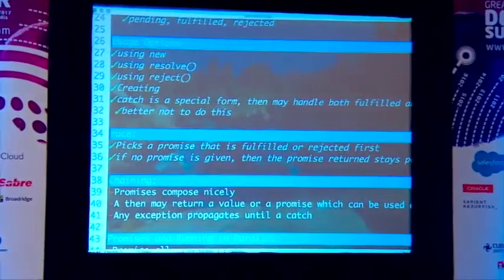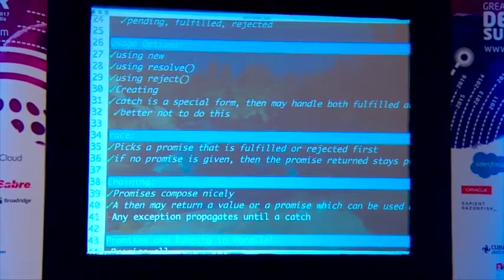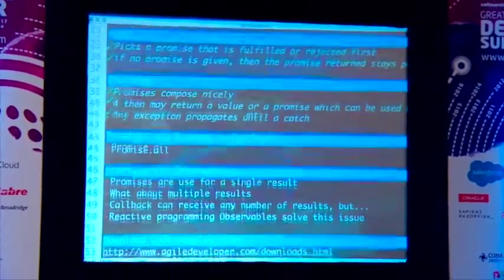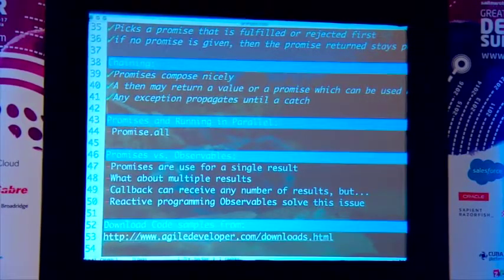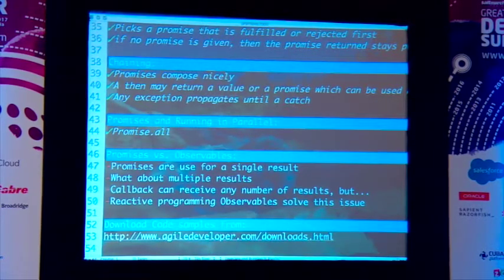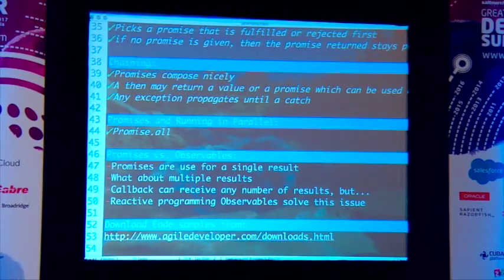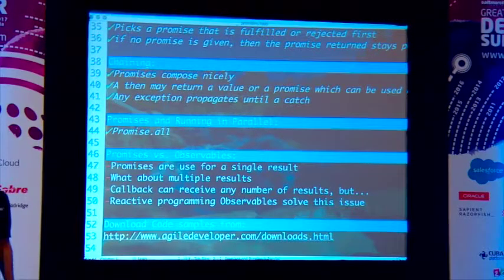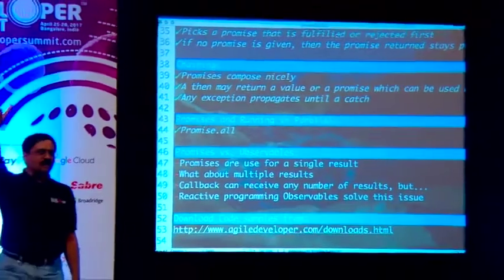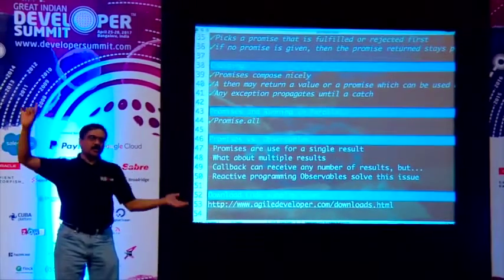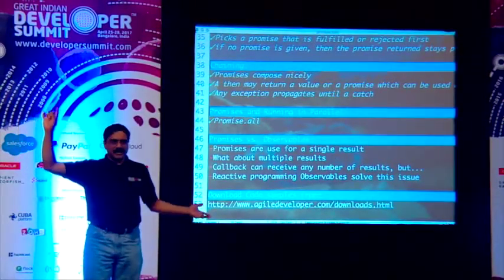So, we saw the chaining, we saw that with then any exception propagated. I think we finished this already. That brings us to one other detail which is pretty darn cool, which is Promise.all. So what is Promise.all? You saw race. What does race do? That's right, pick one. Which one? The first one, which resolves or rejects.